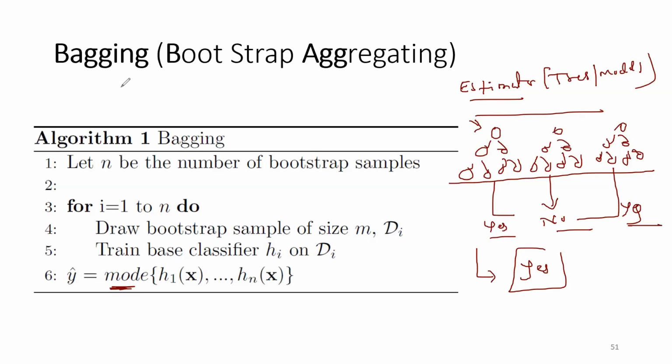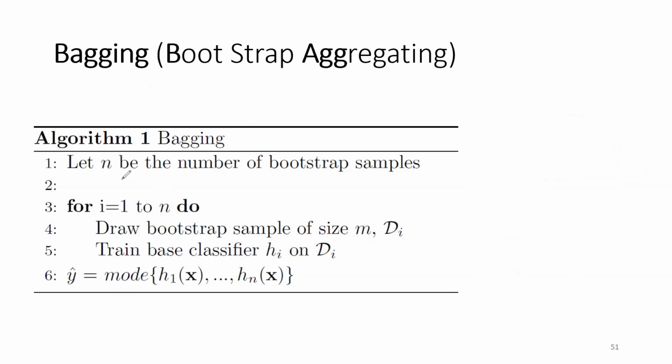And also we incorporate something called bootstrap sampling over here. I'll revisit this algorithm once again, but if you observe it, let n be the number of bootstrap samples. We decide the number of bootstrap samples and iterate over it. For i equal to 1 to n, we draw a bootstrap sample of size m, which is equal to Di, and train the base classifier hi, nothing but a model, on Di.